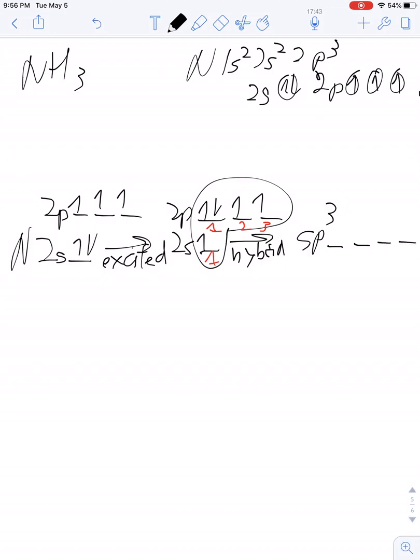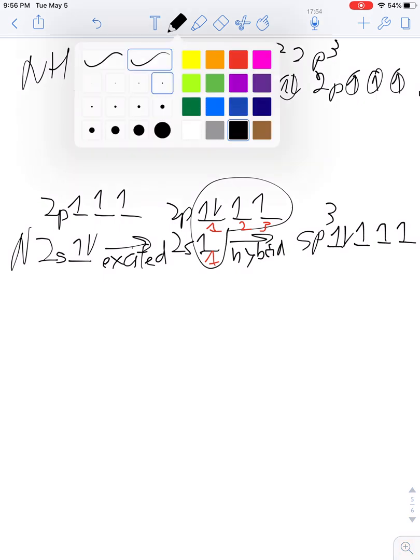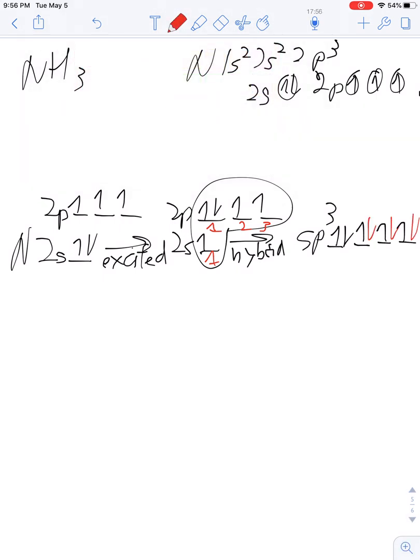So I've got a total of 5 electrons, so 1, 2, 3, 4, 5. So I have 1 that's already paired up. I'm going to need 1, 2, 3 more for a total of 8. Okay?